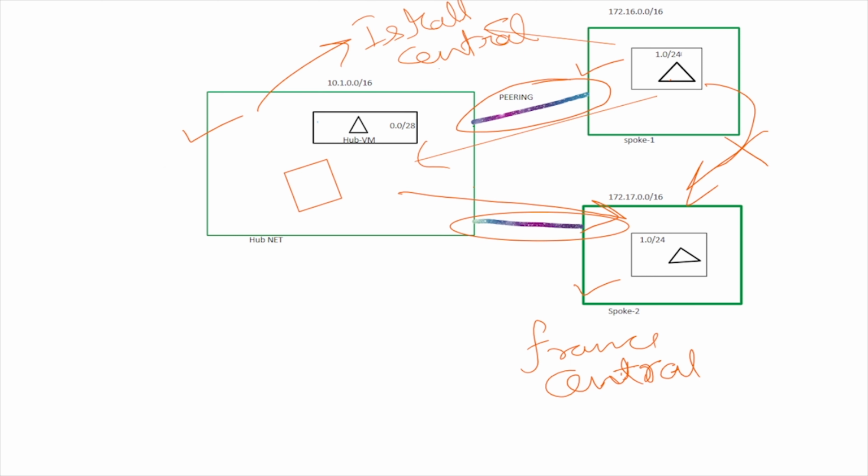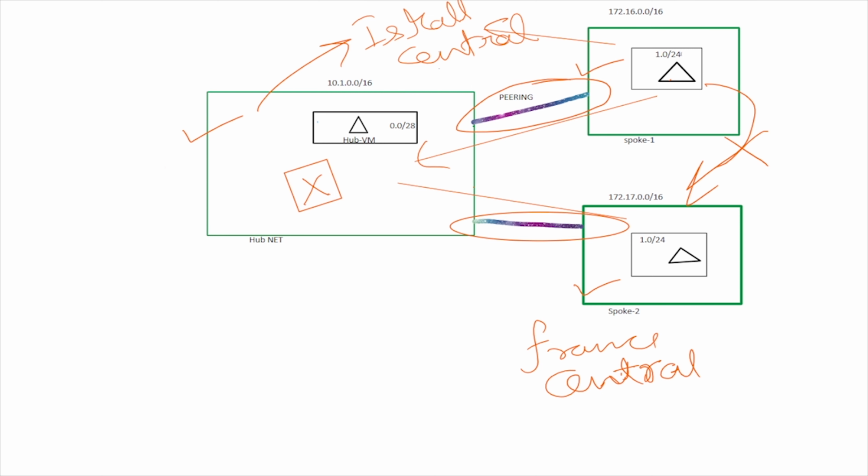But by default, Azure does not forward any traffic to its own spoke VNets until we have routing or a resource that has routing capability. Then only can we achieve it. So we must have some resource that can take the decision whether to forward or not to forward.